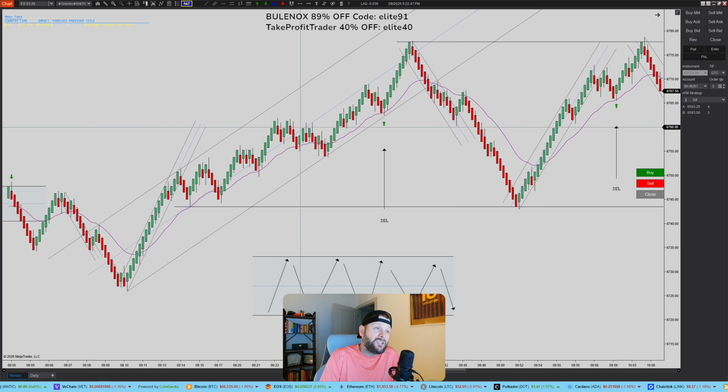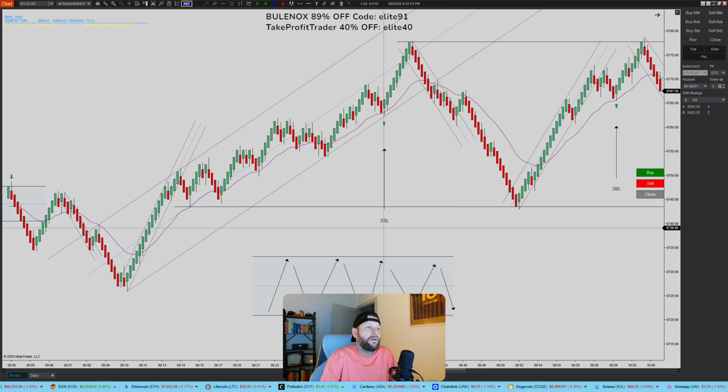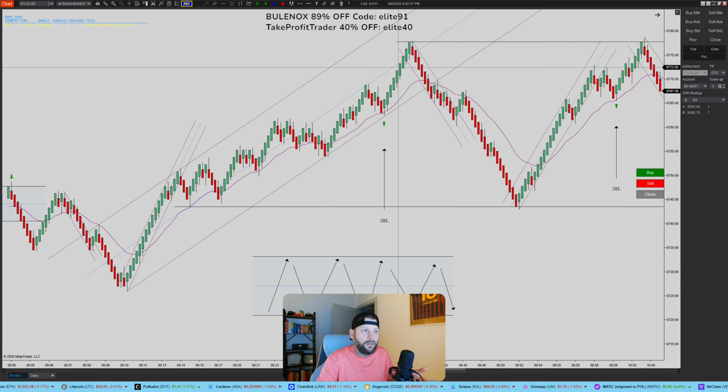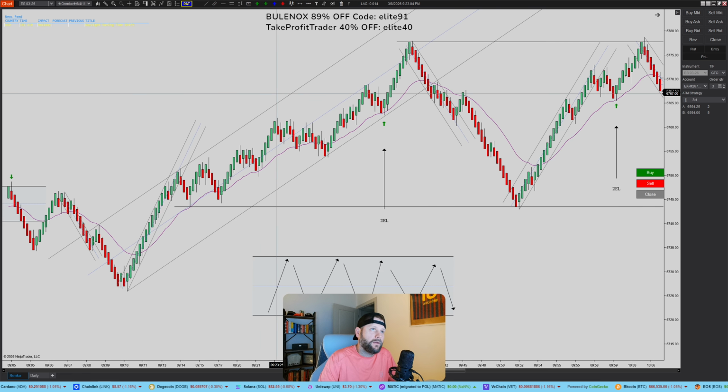So can you trade channels with range rules? Technically you can. I don't really recommend it, but to understand what it is, it's a vertical range. So if the price is doing this, you just move the channel and visualize it vertically. That's all there is to it.